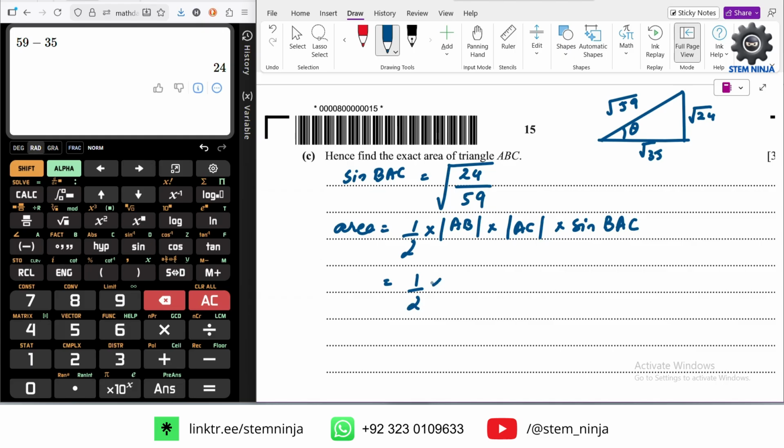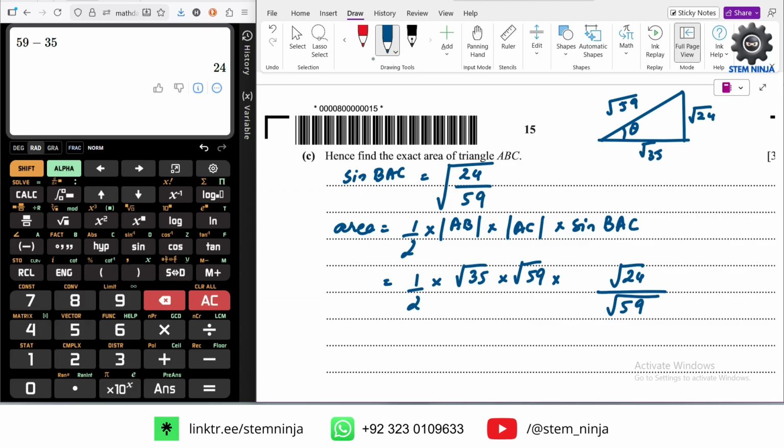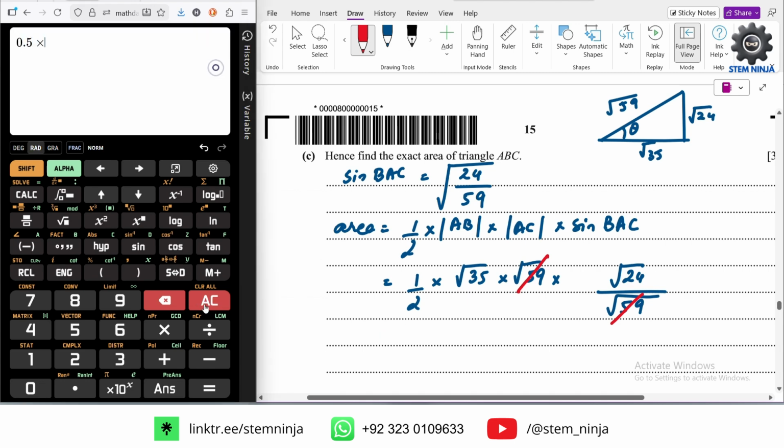So half times square root of 35, square root of 59, times square root of 24 over 59. Okay, so the 59 gets cancelled. You have 0.5 times the square root of 35 times 24, so root 840. That is our exact area.